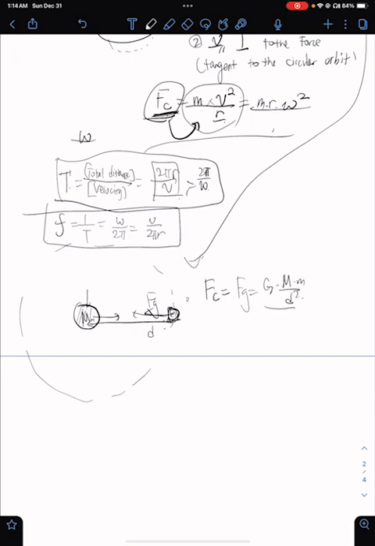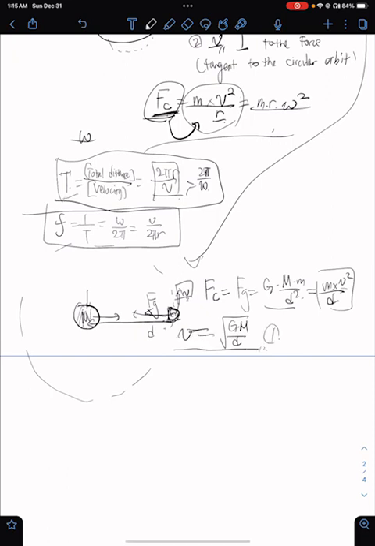We know that this is going to be equal to the centripetal force equation, so we can find the velocity at which this planet is spinning in the orbit, which is the square root of G times big M over d. So that's one thing we can know.